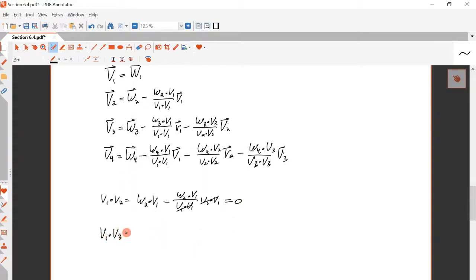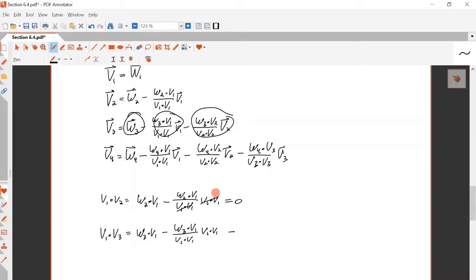V1 dot V3. So that's V1 dot W3, we're distributing, minus this constant, W3 dot V1 over V1 dot V1 times V1 dot V1, minus V1 dot V2, but that's 0.